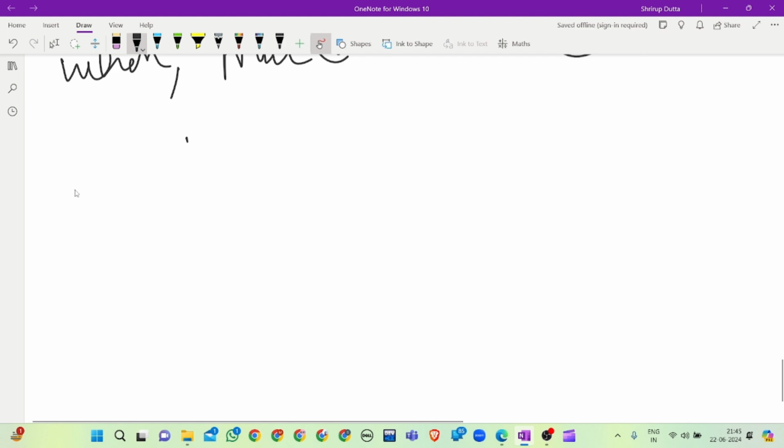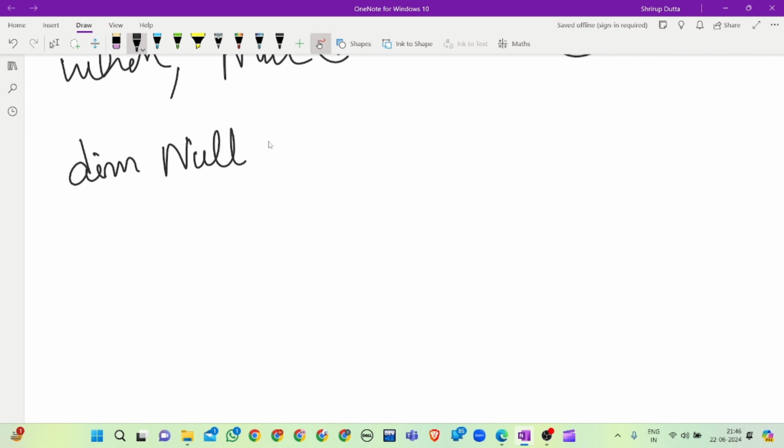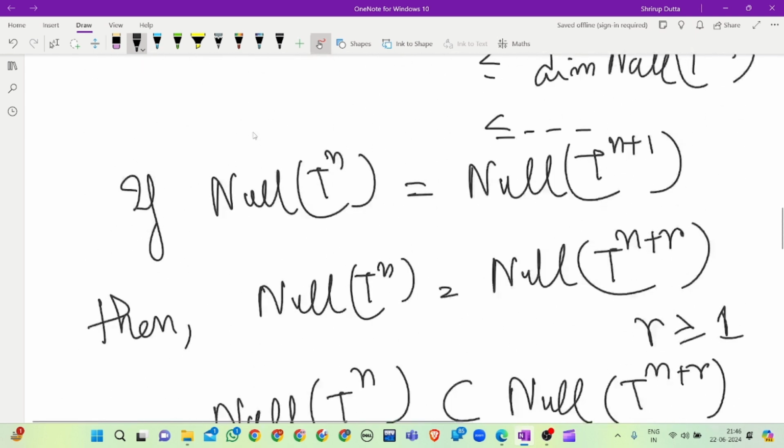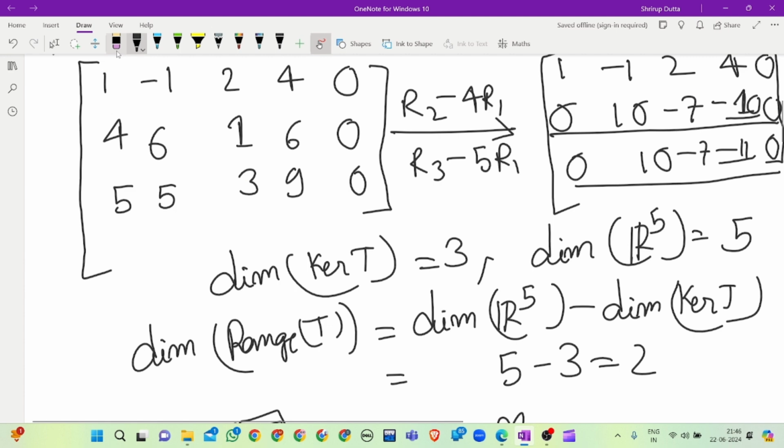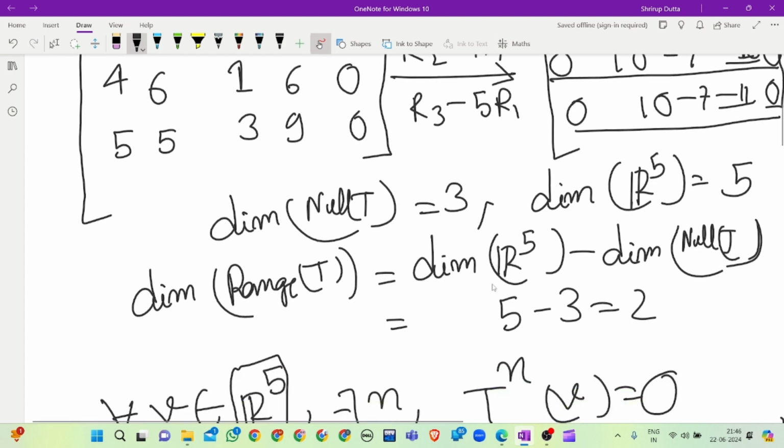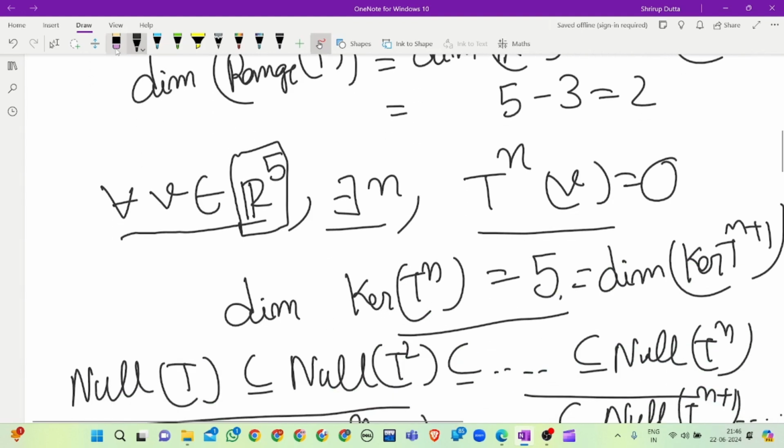We previously had dimension of null space of T. Sorry guys, that will be dimension of null of T. All will be null of T, and these things are similar.